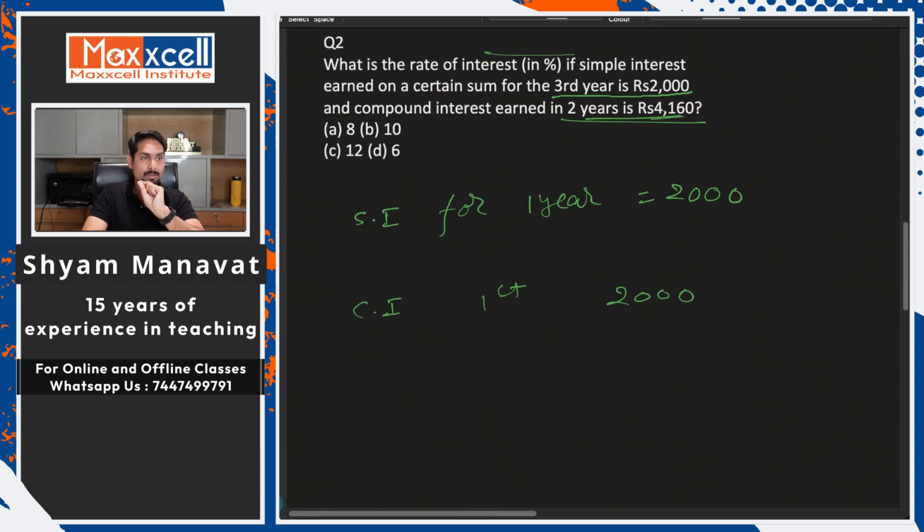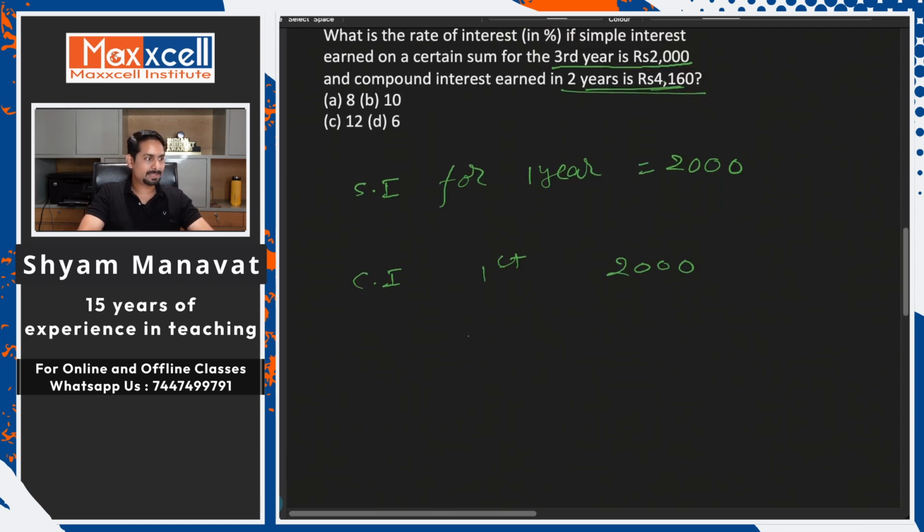I am showing you a shortcut, and the critical part of a shortcut is that to understand it the first time will take time. Yeah, it is time consuming, so please pay attention. So for the first year it is 2000, and for the second year, because 2 years is plural, it is 4160. For the first year it has to be the same as simple interest as per the rule.